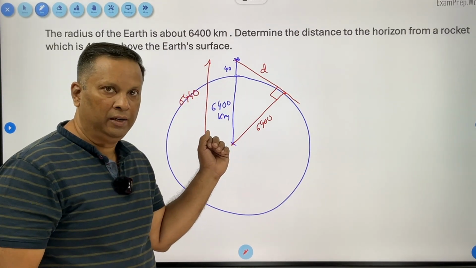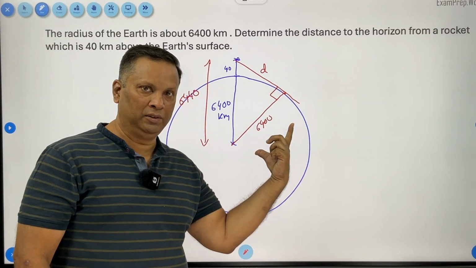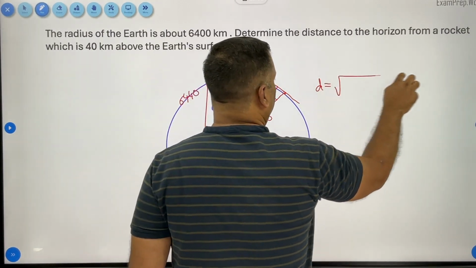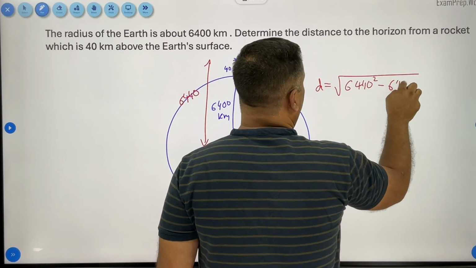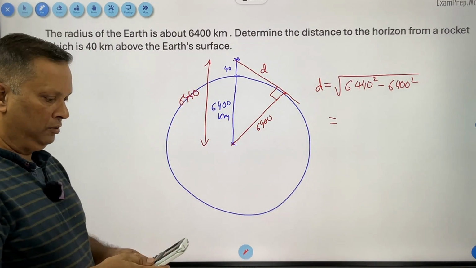We have a right angle triangle. Hypotenuse is 6,440. One of the sides is 6,400. So d, the distance, will be equal to root of 6440 square minus 6400 square. Calculate for yourself and see what is the answer.